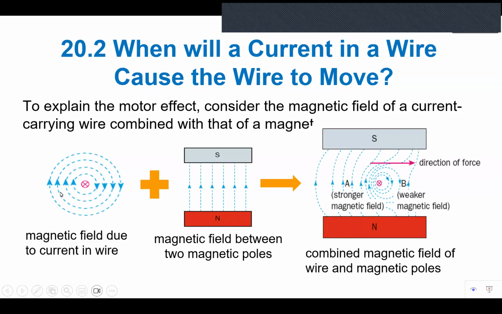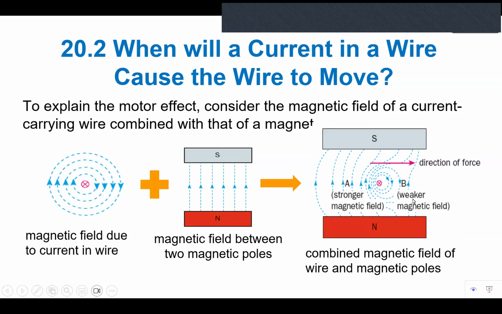On the left side, A, the arrows are both going up, so the magnetic field is stronger, being reinforced. On the right side, one is going down and one is still going up, so they cancel each other's effect. So on the right side, B, we have a weaker magnetic field.